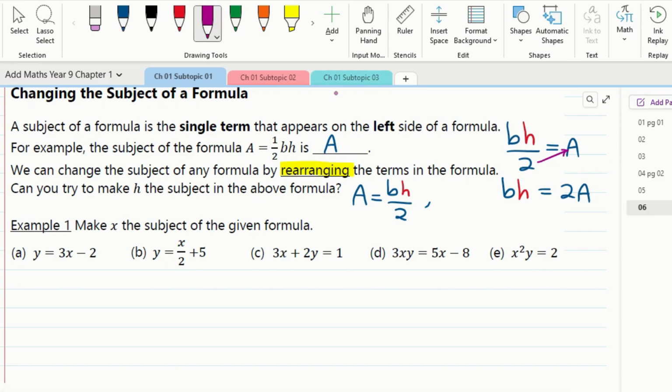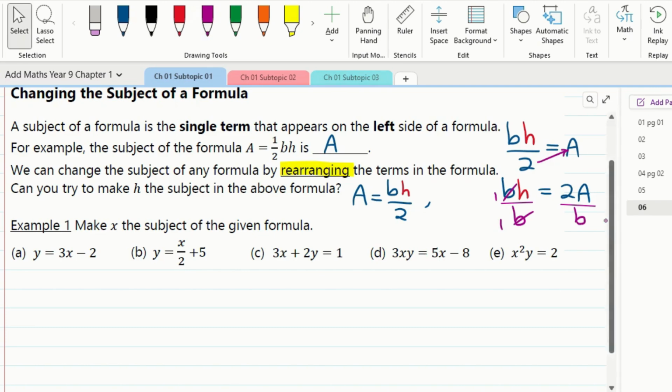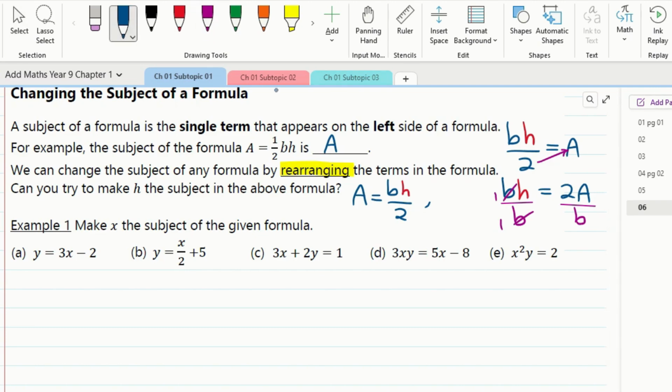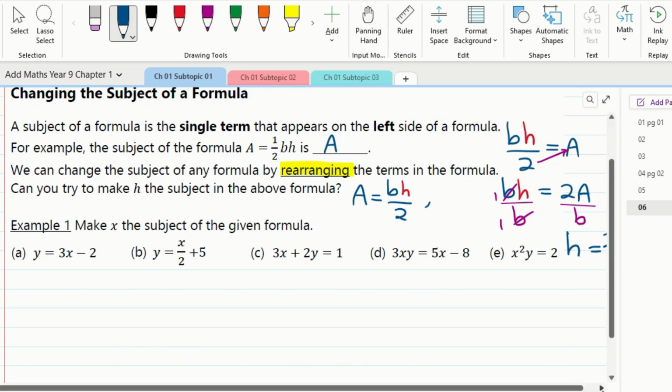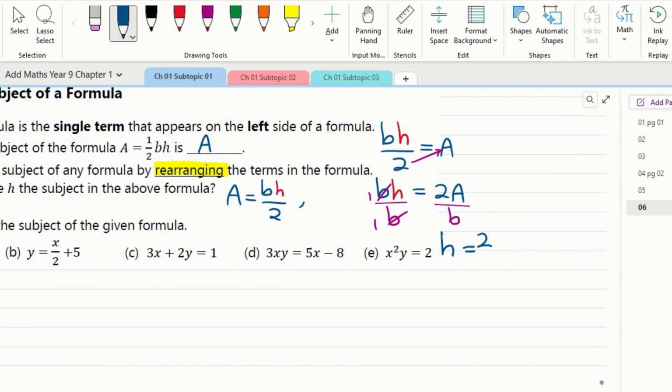One step left: you have to move B, and here I usually do what we call balancing the equation. You get rid of B by dividing both sides by B. So there you have it: H is the subject of the formula. H equals 2A over B.